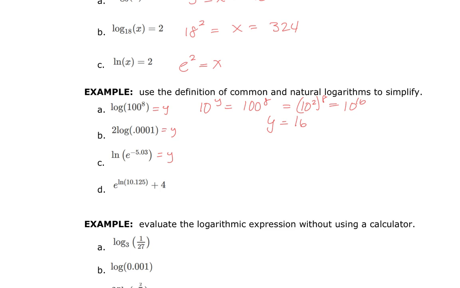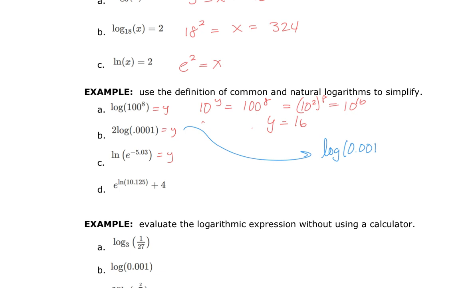So on this one, I'm going to divide both sides by 2 first, so I have the log of 0.01. Let me do this in another color so it doesn't get mixed up with the one I just did. So I'm going to divide both sides by 2, and so I'm going to have the log of 0.00001.